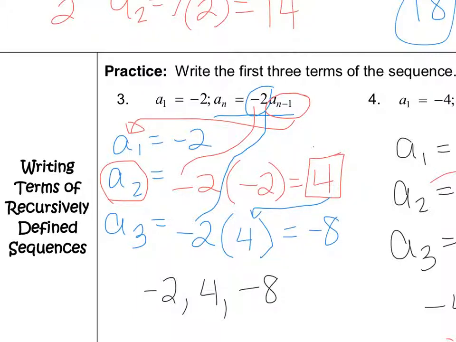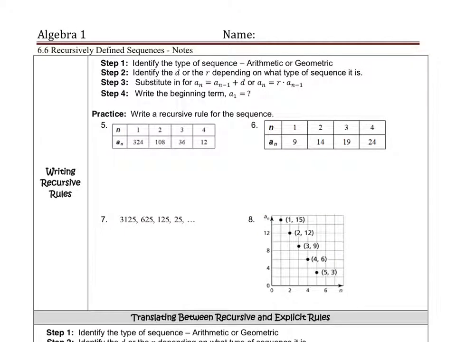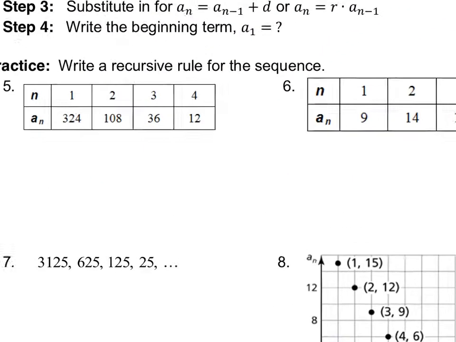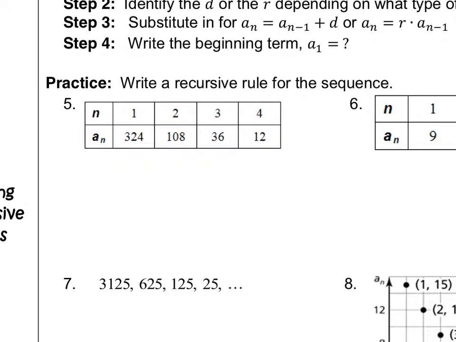Okay, so let's go ahead and turn the page. Now they've given us a couple of sequences and they want us to rewrite the recursive rule for it. So to write the recursive rule, first we need to decide, is it arithmetic or is it geometric? When I look at number 5, I can already see it's not subtracting the same number.